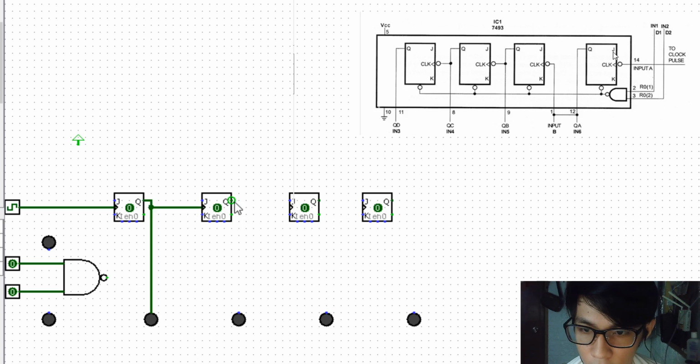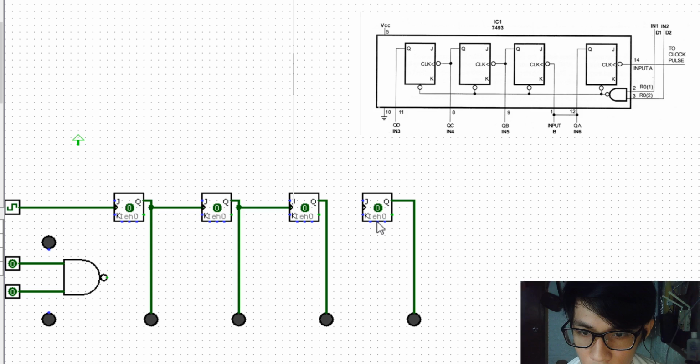Then repeat the same steps. So here we have our clock pulse with the JK flip-flops.